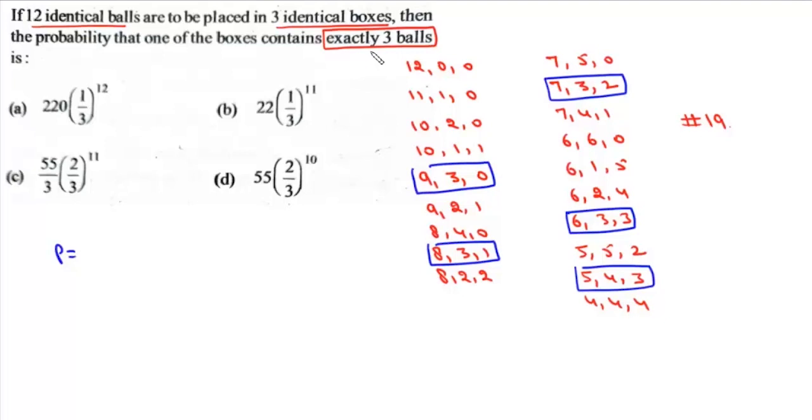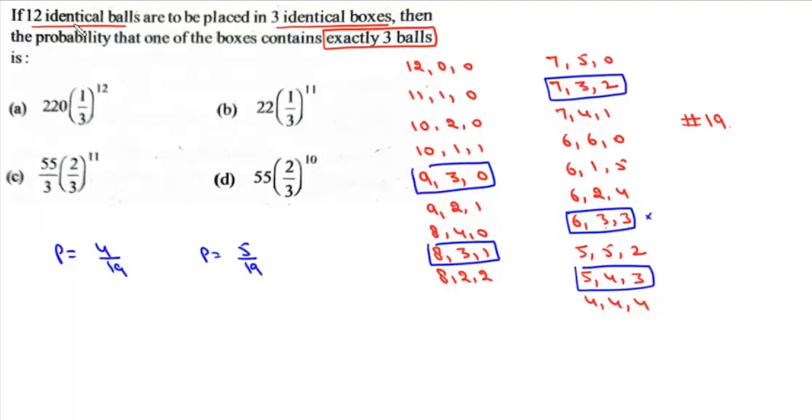If that is the case, then we'll discard this. So this probability will be 4 by 19 if 2 boxes cannot have 3 3, and if it is 3 balls in at least one of the boxes, then this probability will be 5 by 19, and it doesn't match any of the options. This question should not be 12 identical balls in 3 identical boxes.